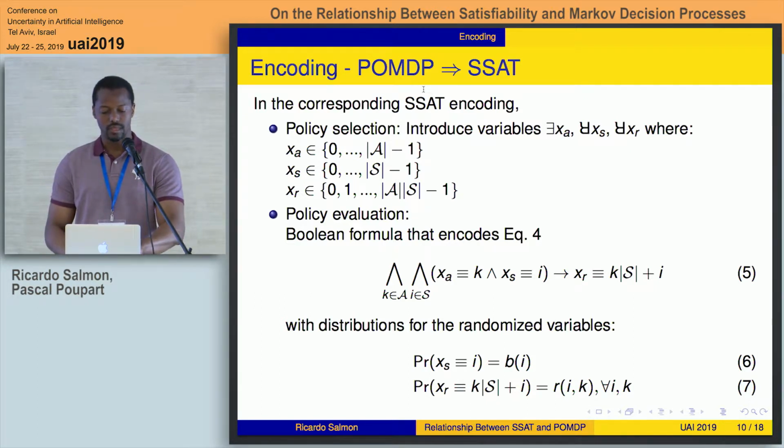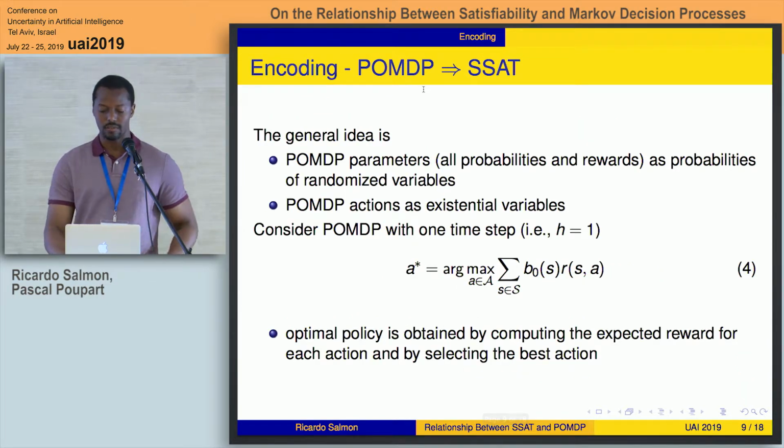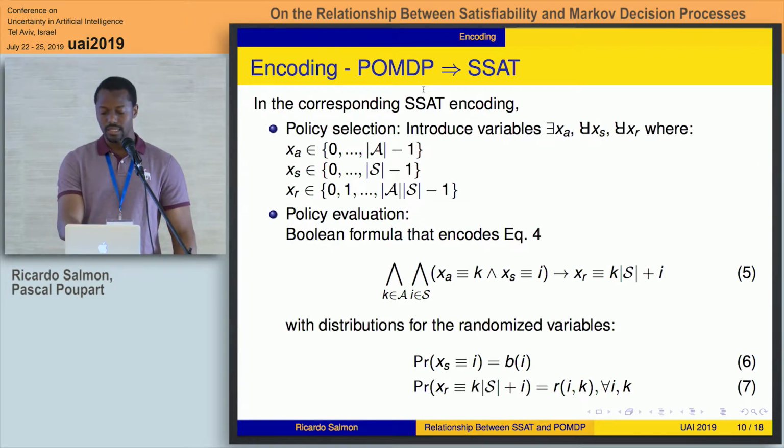And so in the policy evaluation stage, we can encode the formula 4 as this Boolean formula, where it's essentially saying that if you take action K and you're in state I, then you'll get a reward of R, XR, where the value of XR corresponds to the distribution in equation 7, which is the reward function.